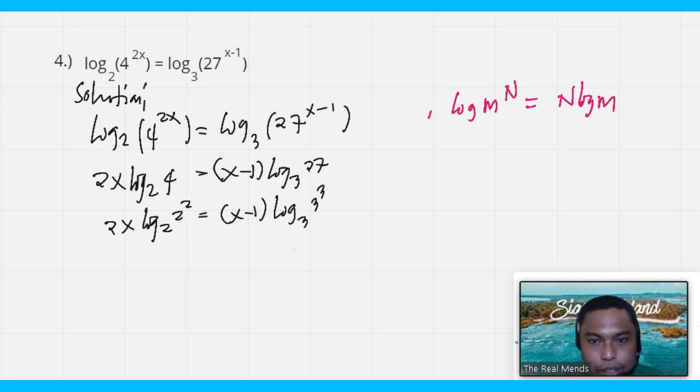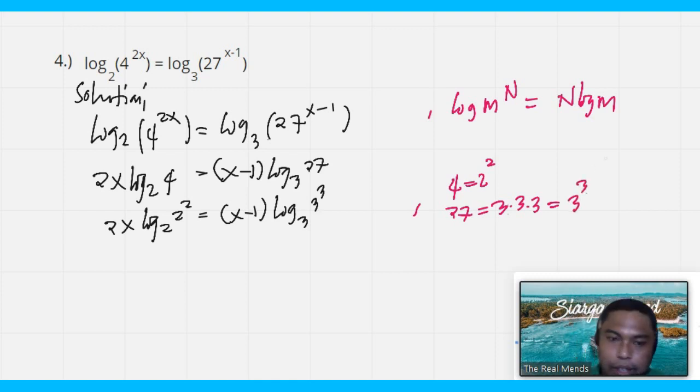Again, review: 4 is equal to 2 squared, and 27 is equal to 3 times 3 times 3, or 3 cubed.